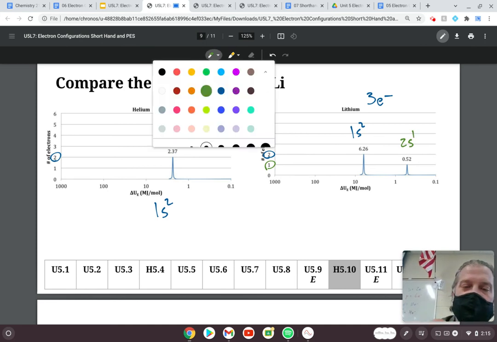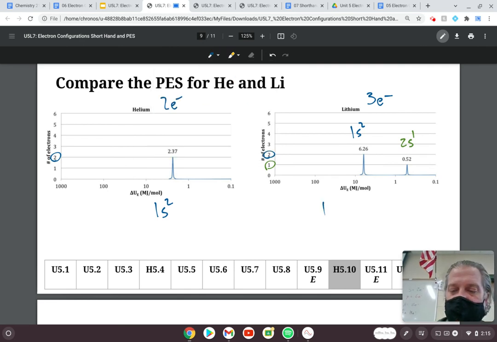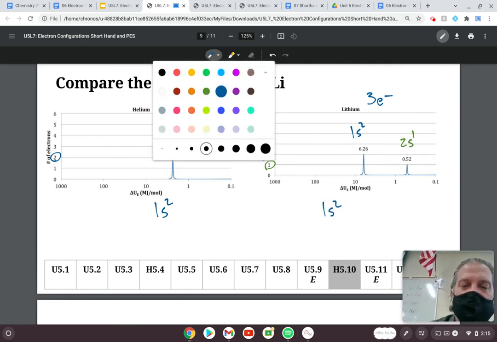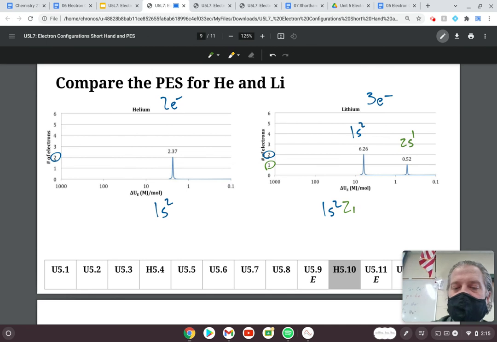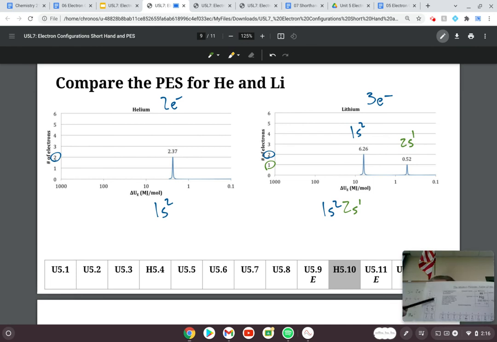So if I write the electron configuration for lithium, it would be 1s2, 2s1. Which kind of makes sense because lithium is the first element in the second row on the periodic table. If you predicted its electron configuration from the periodic table, it would be 2s1.